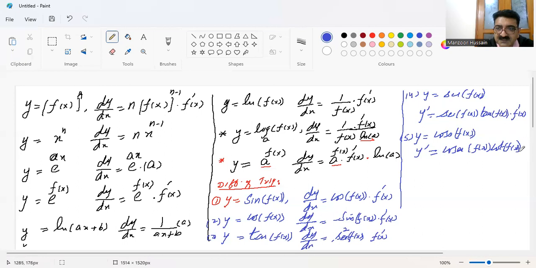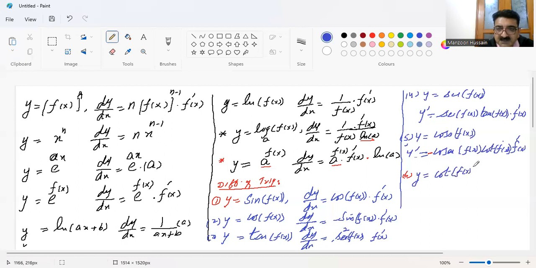The derivative of the function I'm writing here, and first of all I wish to squeeze this because there is no space on the side. This is the derivative of cosecant, but we also write the negative with it. And the last one, number 6, the differentiation of cotangent, y equals cotangent of f(x).